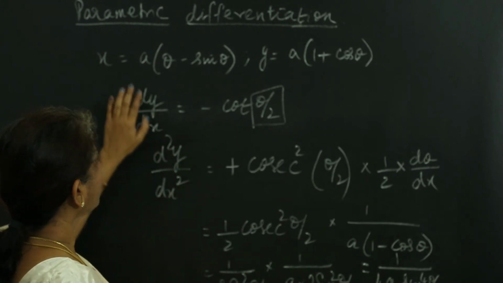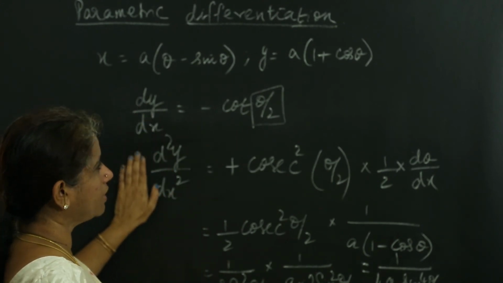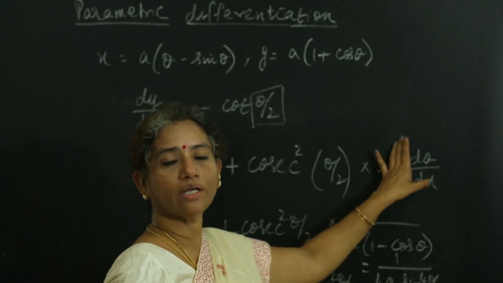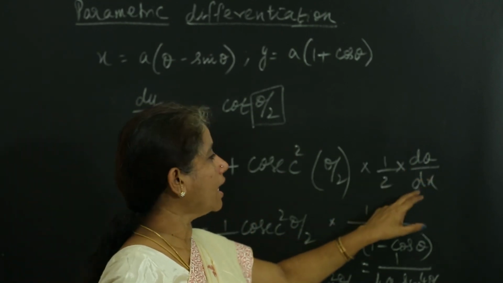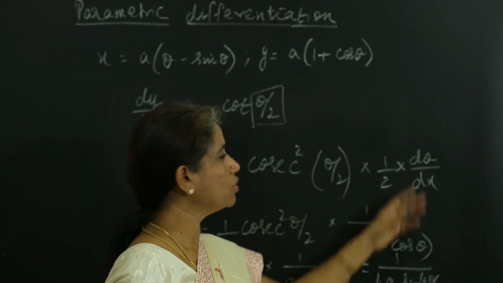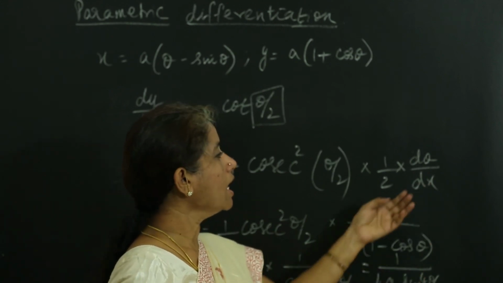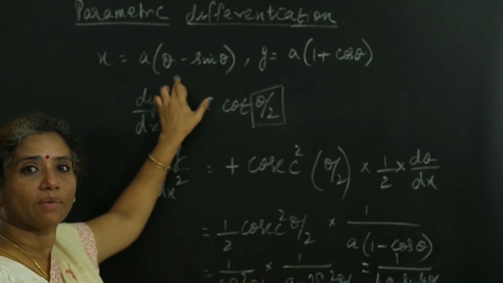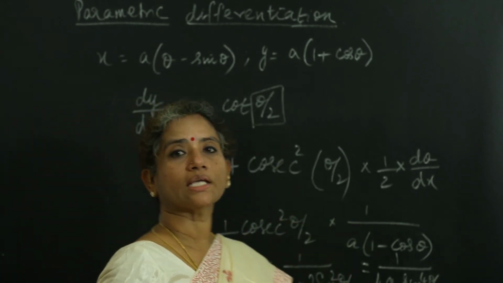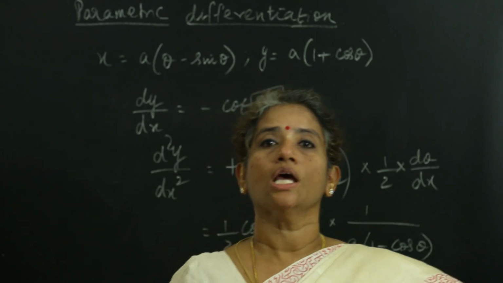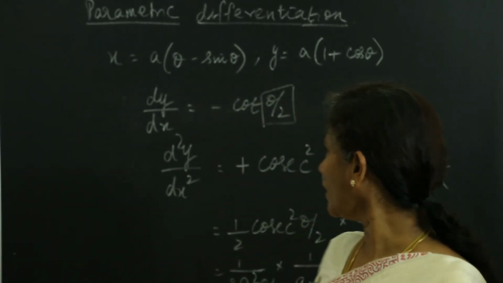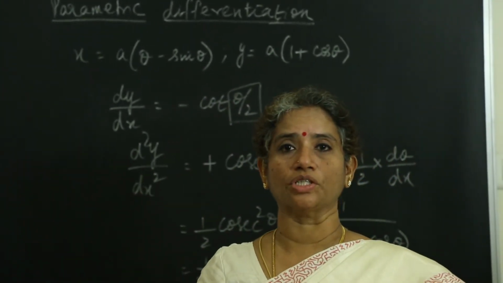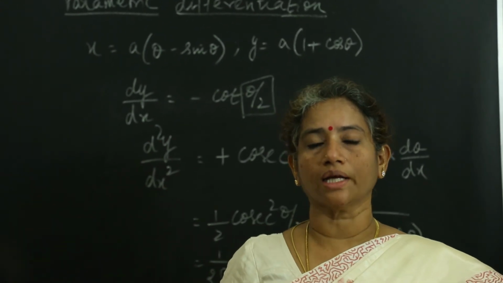So please remember, from the first derivative do the second derivative, and do not forget to write d theta by dx in the end, and do not forget to substitute. Once you write it, obviously you will substitute it, but it is in the denominator, because generally from this we get dx by d theta. So when you do the second derivative of parametric functions, you must be very careful not to forget any of the things which I told you. Hope this is clear for you.